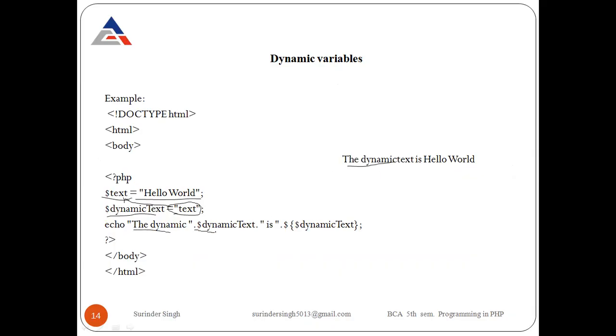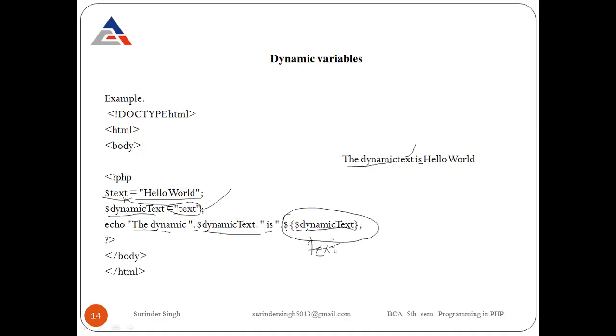Then we concatenate this variable text, and this value is printed here. Then here we are using this format, clear? This will return text.